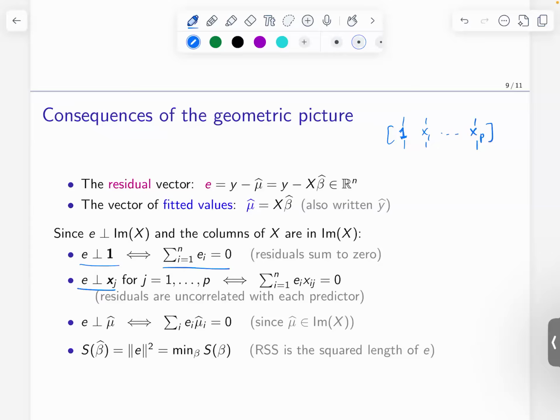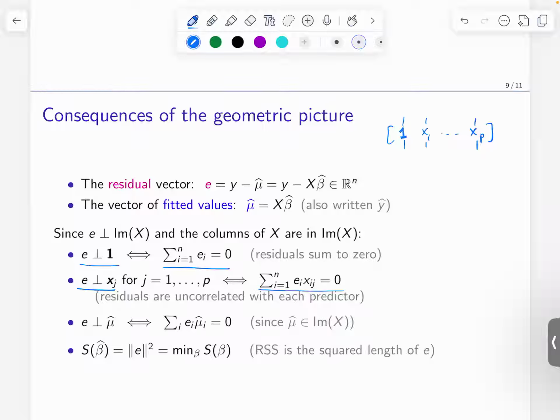Moreover, E is going to be orthogonal to every column, which we already used in the process of deriving the result. If you expand it, it means the summation of e_i x_ij over i is 0 for all j. Residuals, you can say, are uncorrelated with the predictors. This is not random, it's like sample correlation in a sense.